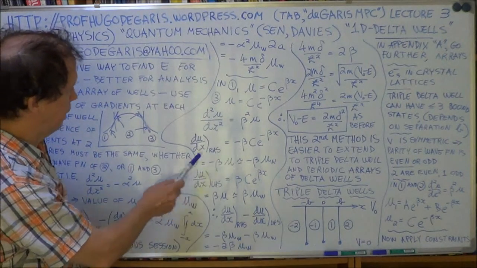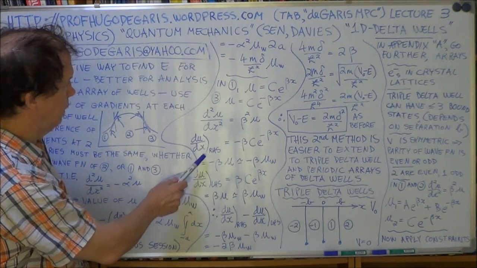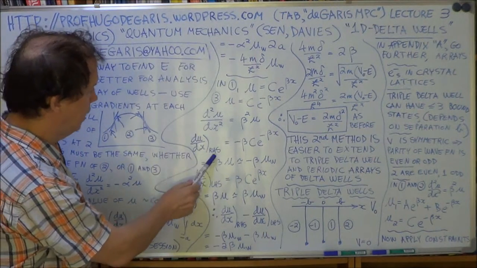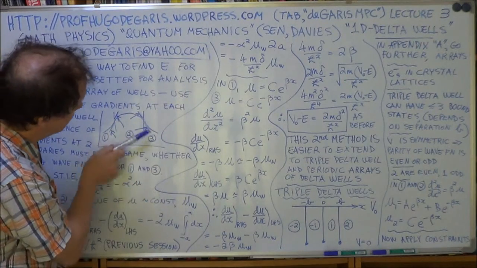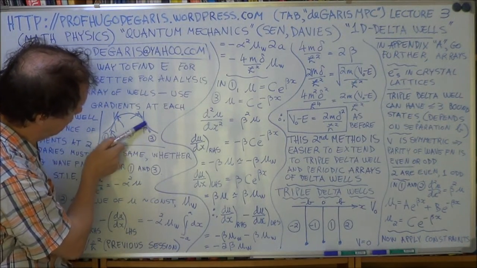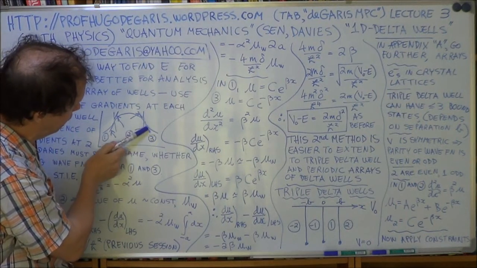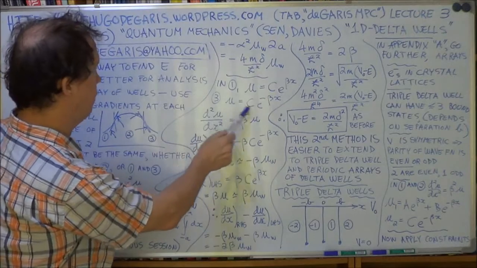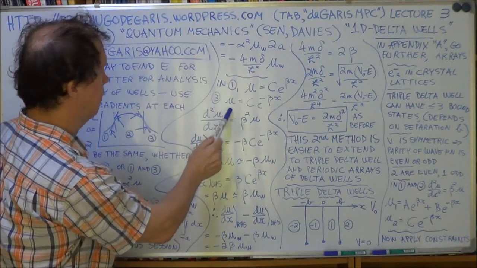Now let's calculate the gradient on the right-hand side here. So we're now going to calculate this gradient here, in region 3. Well, we know what u is. It's of this form, right? In region 3, that's u.